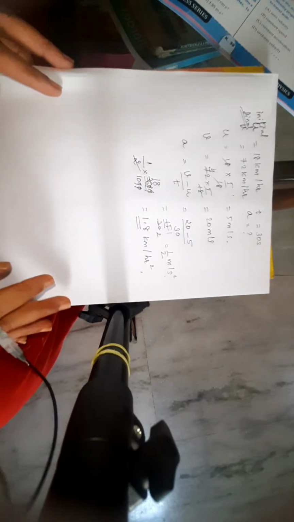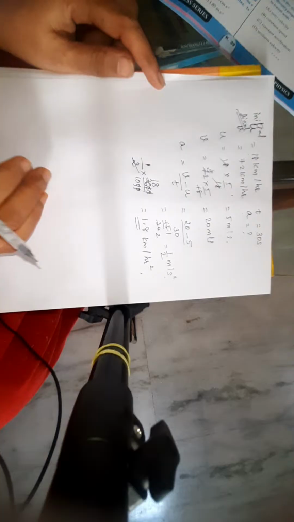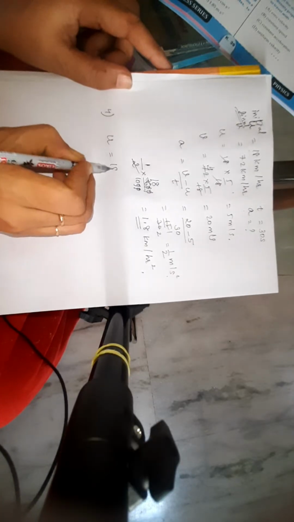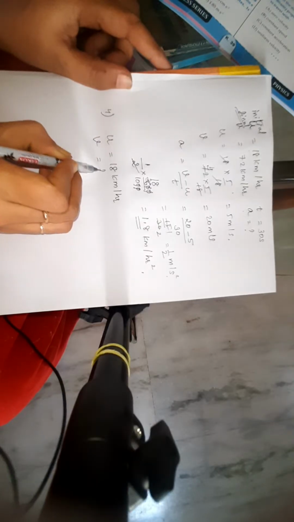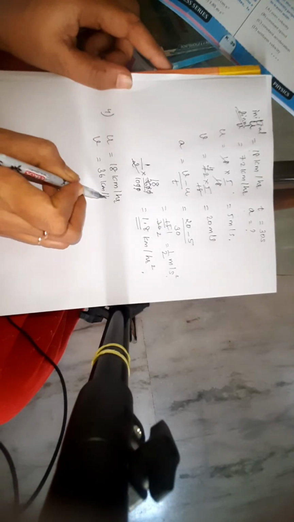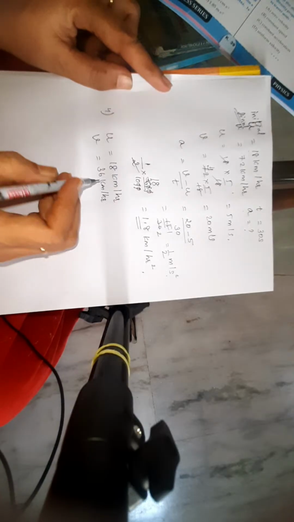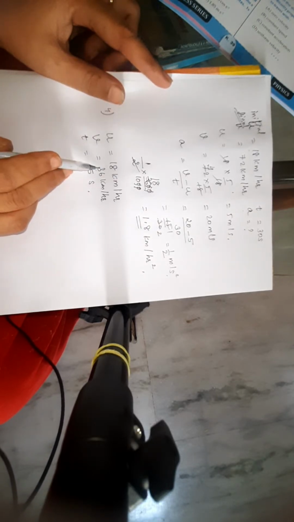Now the next question. A car accelerates uniformly. Its initial velocity is given as 18 km per hour and final 36 km per hour in 5 seconds. As I told, first we need to convert them into meter per second.